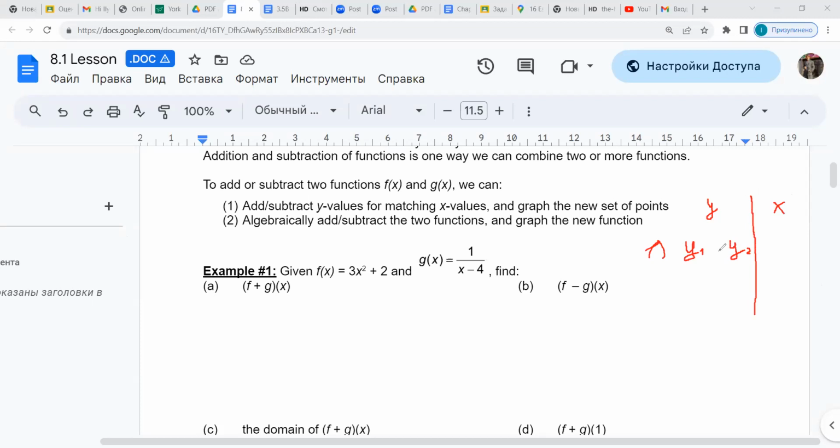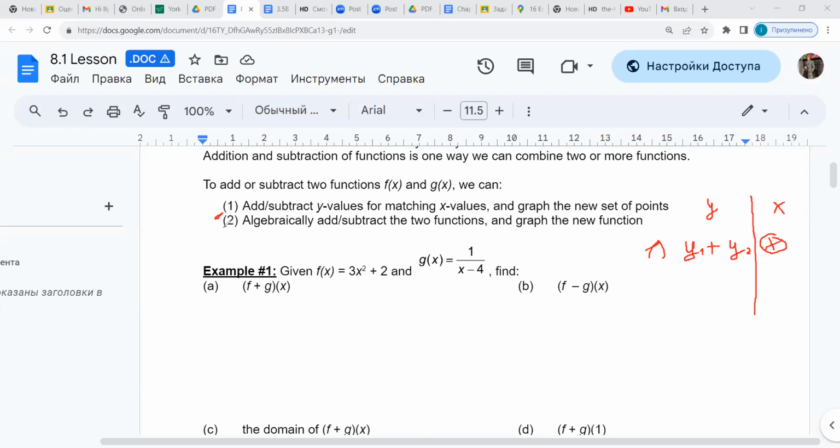So basically, if we add two functions, we add those two values for y, and we add corresponding values of x, which gives us, x values should match for them. So they share the same x, and we add y values for them, but they share the same x value, okay?